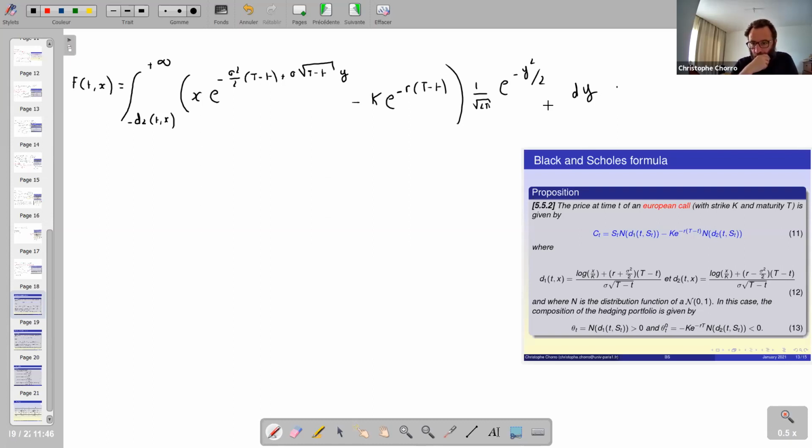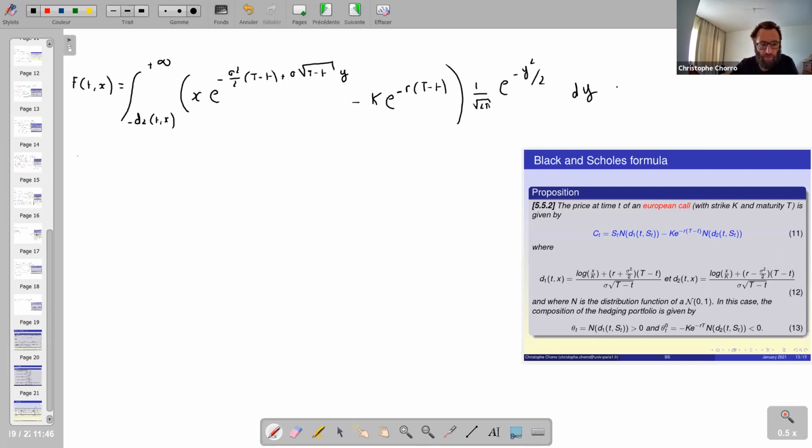So as you see here, I want to express the price of a call as a function of ST and time, of course, where capital N here is the distribution function of N(0,1). So I want to express these things using the distribution function of N(0,1).